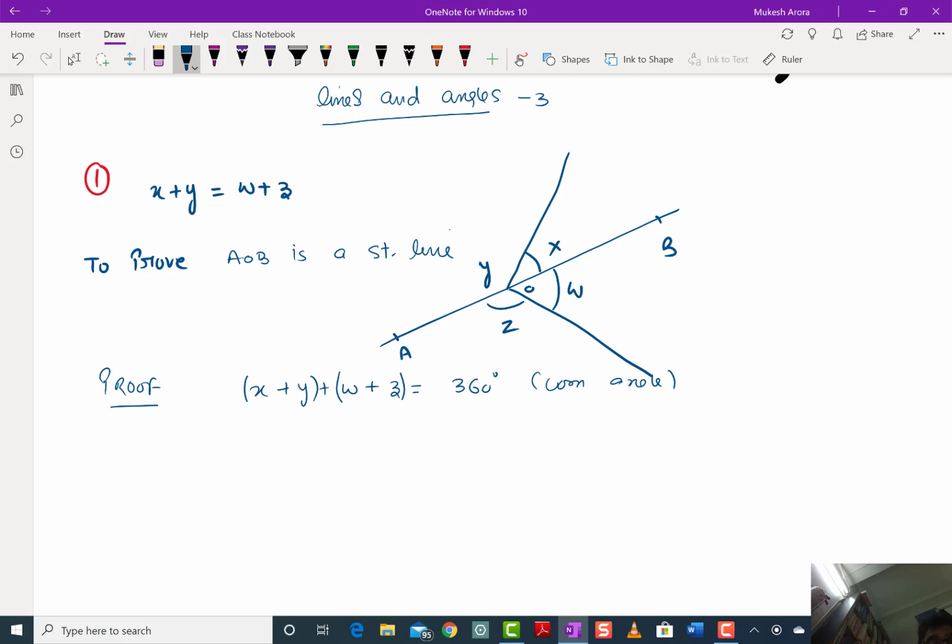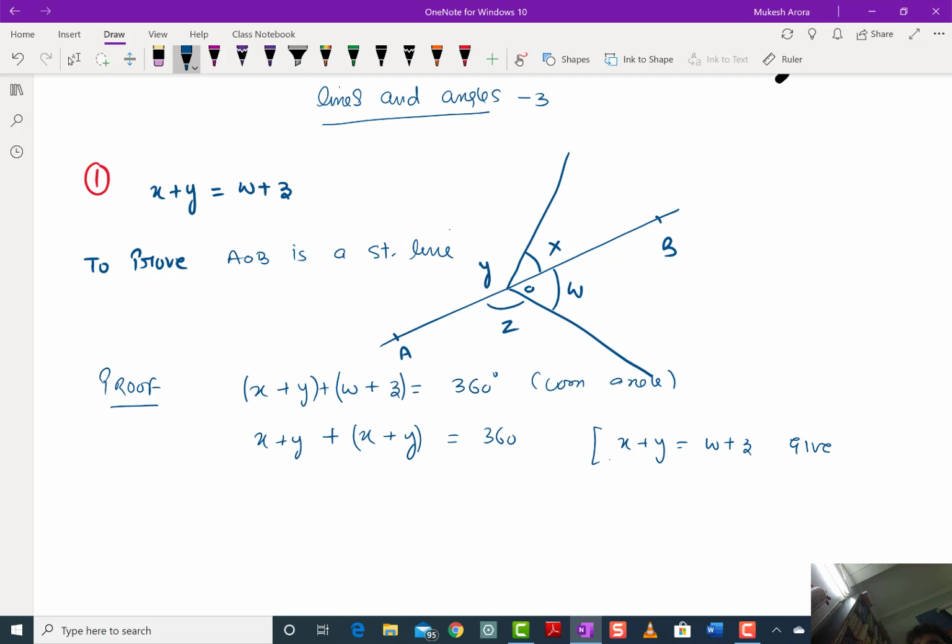So we can write x plus y plus x plus y is equal to 360, as x plus y is equal to y plus z, that is given to us.